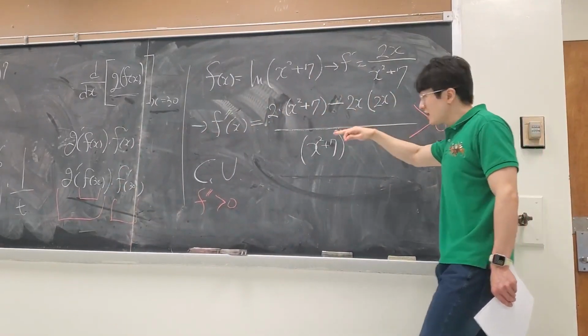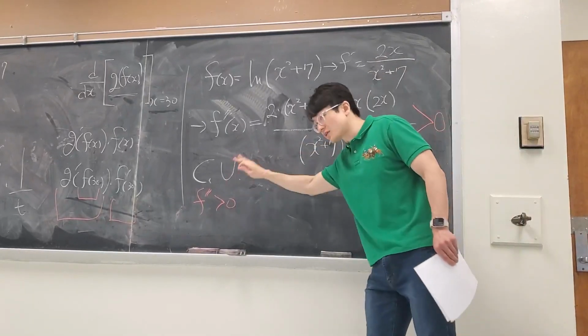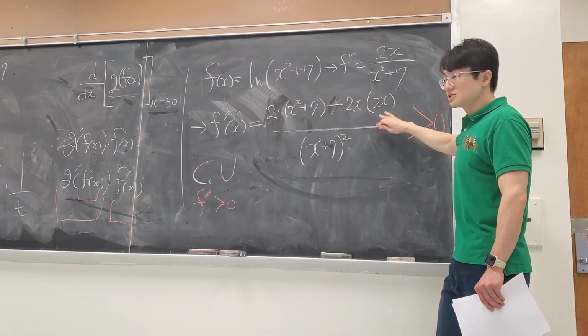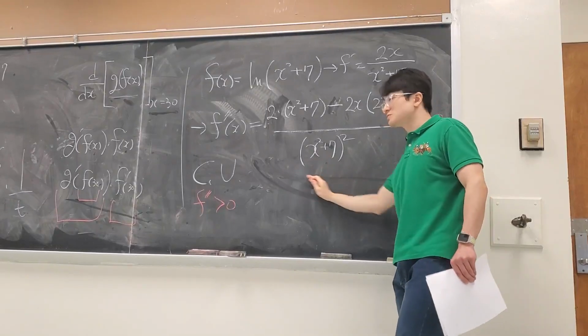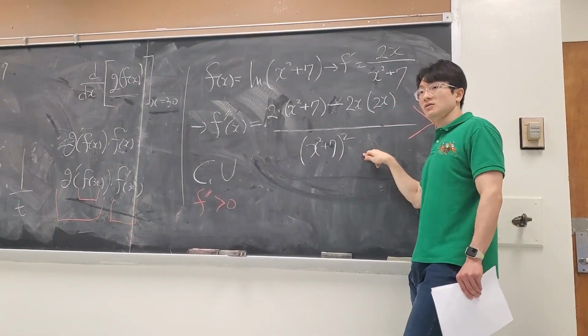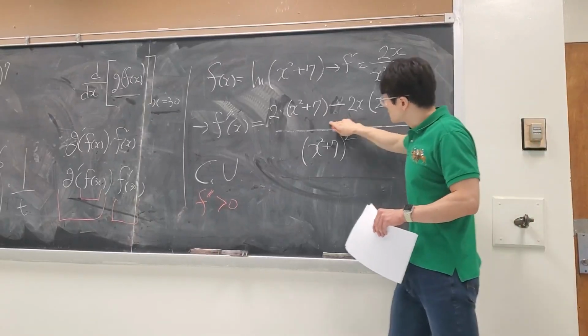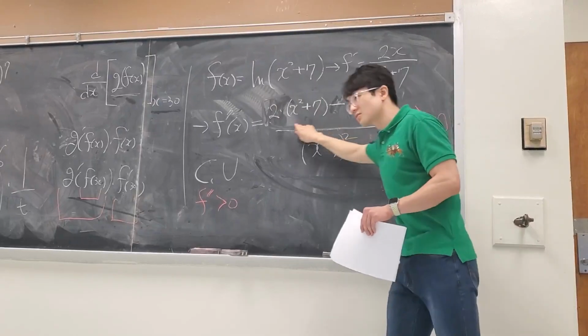So once you find f double prime, set this thing greater than 0 because we want to find where the function is concave up. Look at this fraction. The bottom part is always positive because something is squared. So the only thing I have to care about is when the top part is greater than 0.